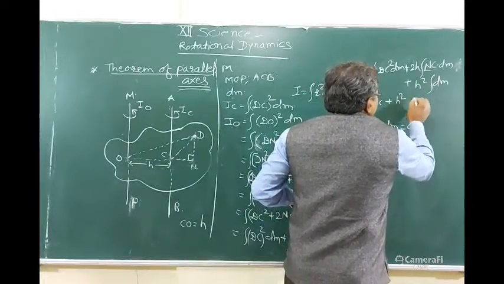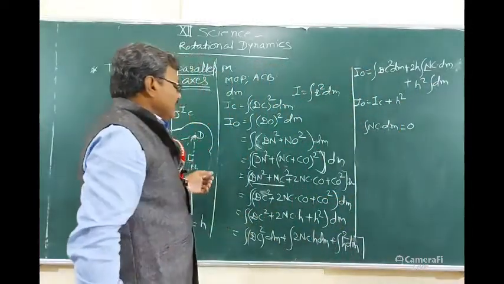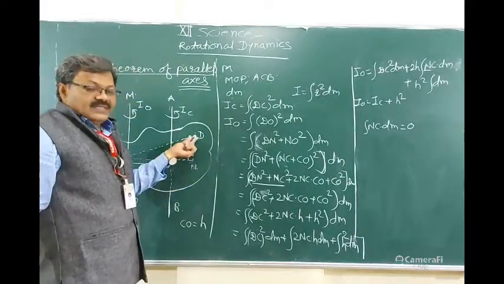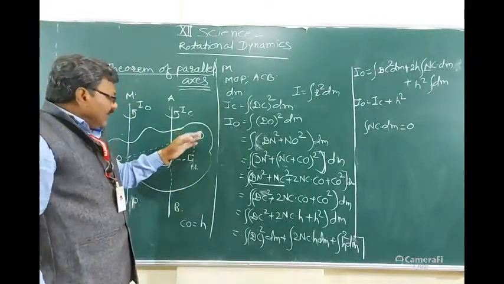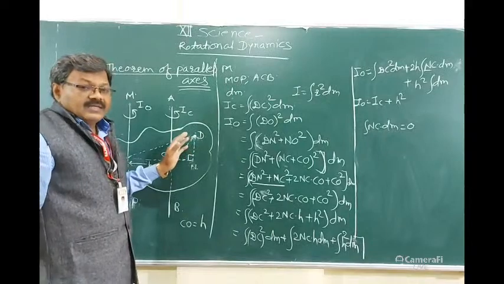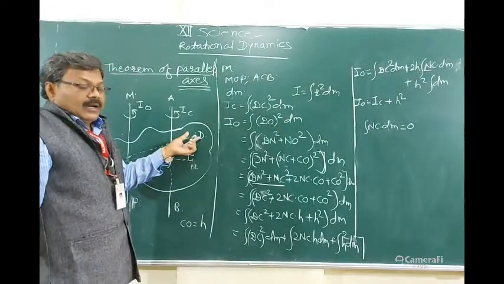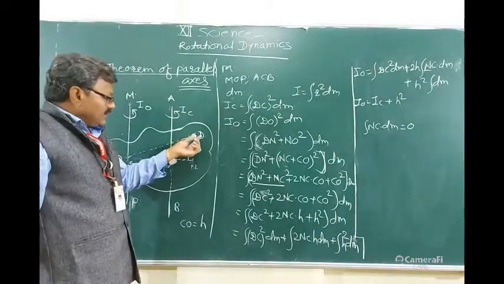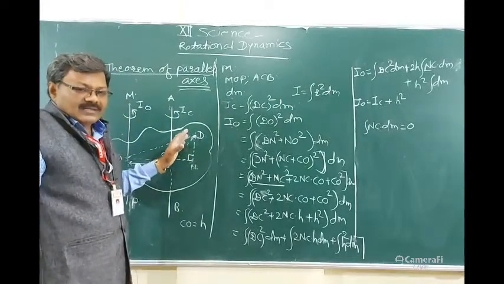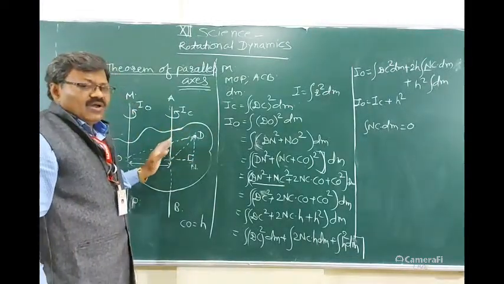Also, this x square. Now integration of dm. Now dm is the mass of a small element. It consists of a large number of small elements.